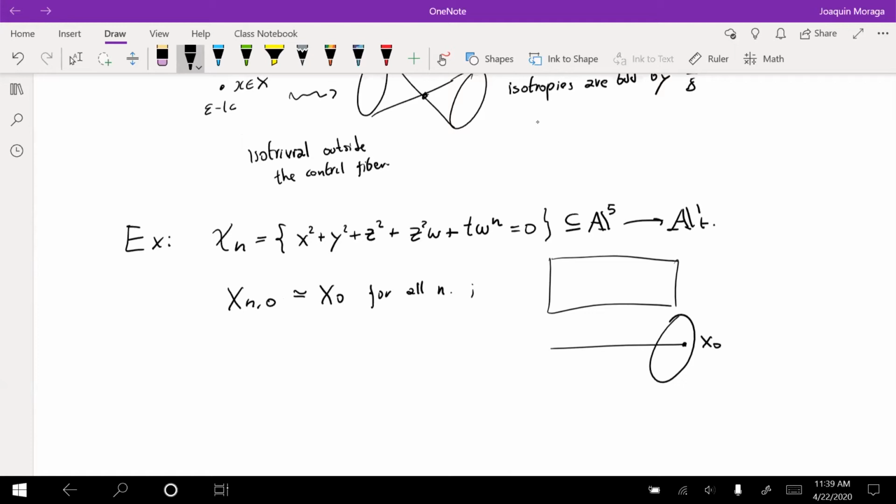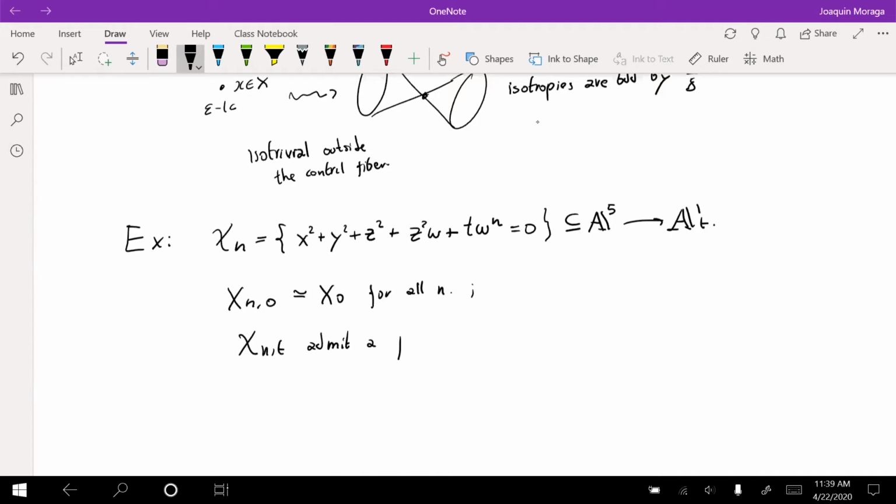And one can see that all these singularities, all the general fibers X_n,t, where t, I think you need to take it general, not even very general, admit a delta PLT blow-up with this delta some fixed number that doesn't depend on n, and all of them are epsilon log canonical for some epsilon that doesn't depend on n as well.